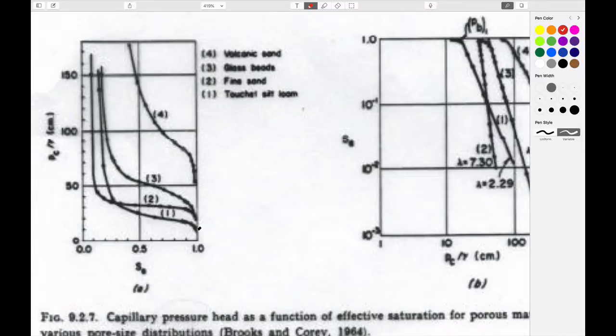Can you say anything about that from these particular plots here? If you took sand 1 versus sand 4, does sand 1 have the largest pore space? Is it larger or smaller than sand 4?